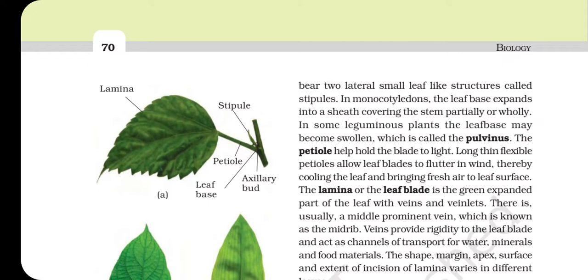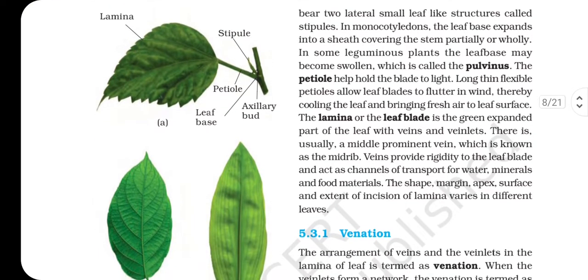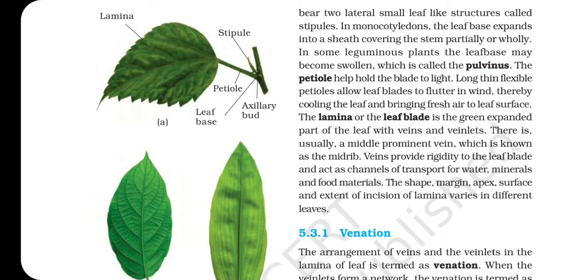The petiole helps hold the blade to light. The long, thin, flexible petiole allows the leaf blades to flutter in wind, thereby cooling the leaf and bringing fresh air to the leaf surface. The leaf blade is the green, expanded part of the leaf with veins and veinlets.